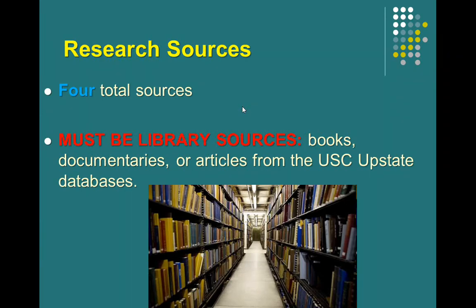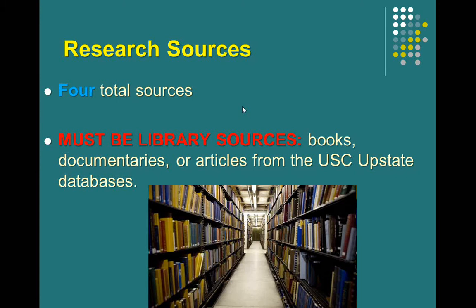So for this essay, again, remember you have to have 4 total sources, and they must all be library sources. So books, documentaries, articles from the USC Upstate databases. You can also, if you want to go in and physically pick up journals and magazines and newspapers and use articles from there, that's fine too.